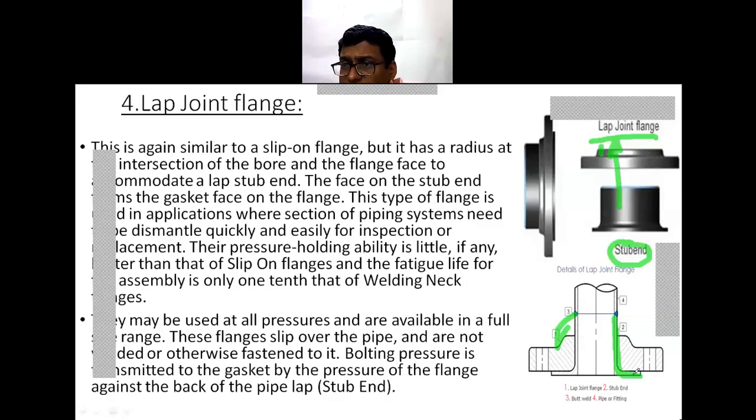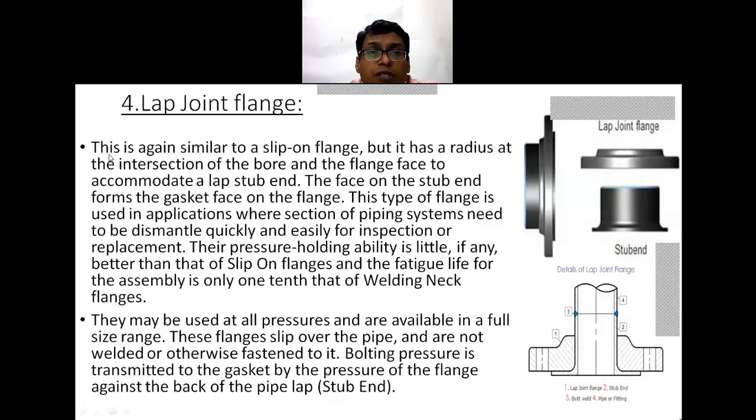And this stub end can be very easily rotated. As it can be very easily rotated, the alignment of the flange with the other flange is easier. So you can easily align these lap joint flanges, which is a basic requirement for ease of operation.